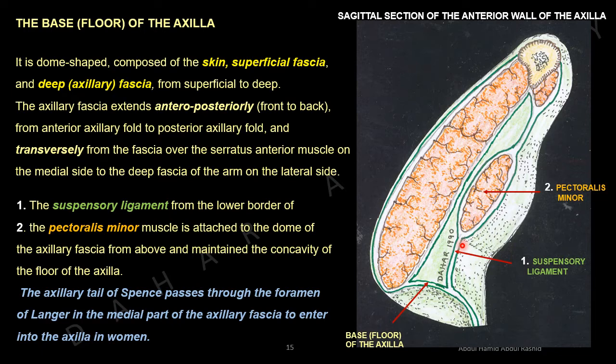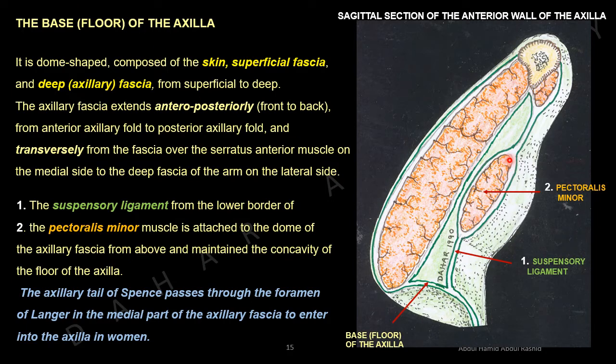The axillary fascia extends anteroposteriorly, that is from front to back, from the anterior axillary fold to the posterior axillary fold behind. And transversely, it extends from the fascia over the serratus anterior muscle on the medial side to the deep fascia of the arm on the lateral side.